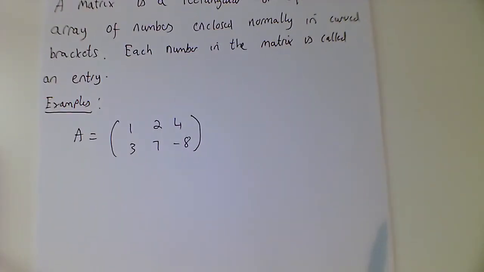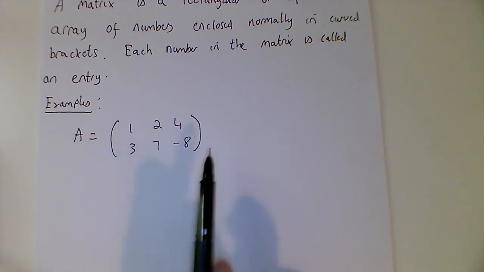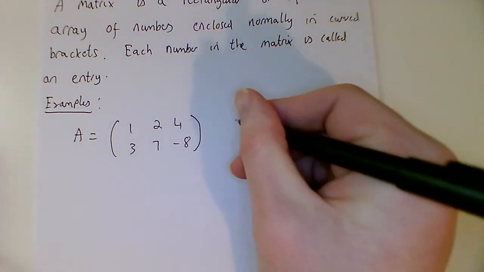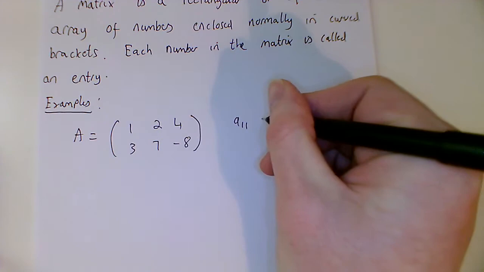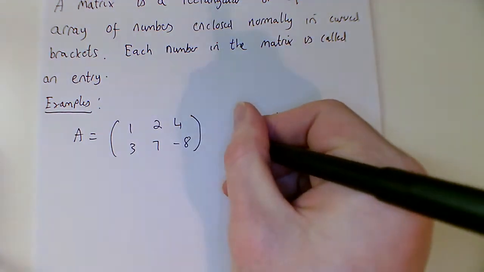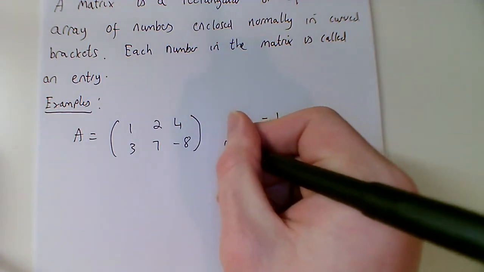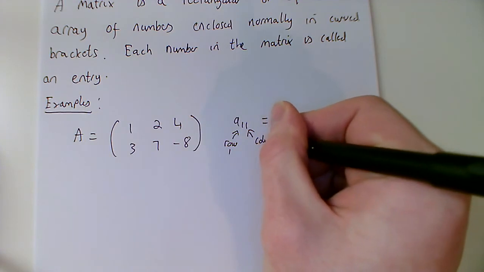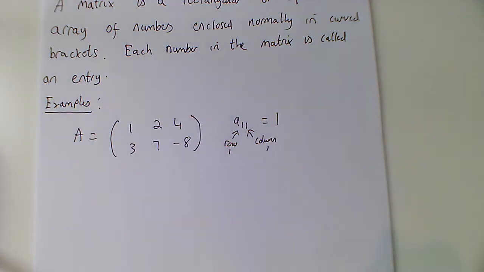Now, each entry has its own specific name. It's important that we can work out what the entry in each matrix is. Okay, so in this matrix, A11 would be 1 because it's in row 1, column 1.